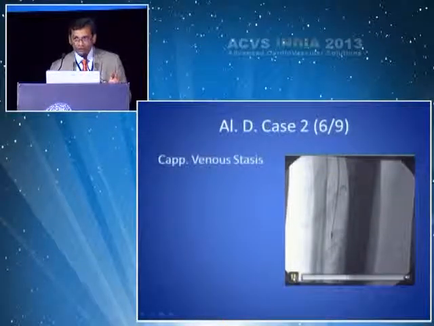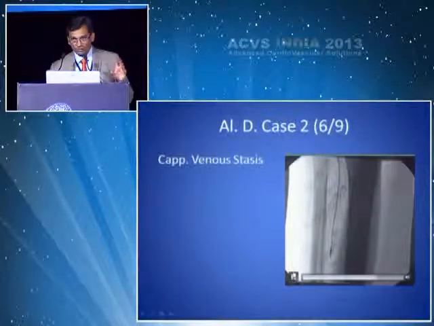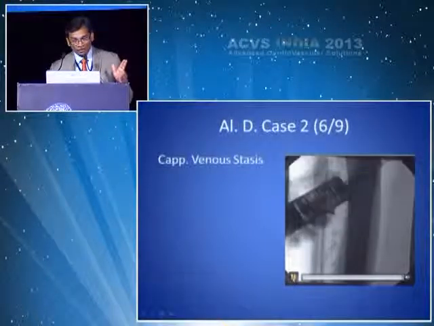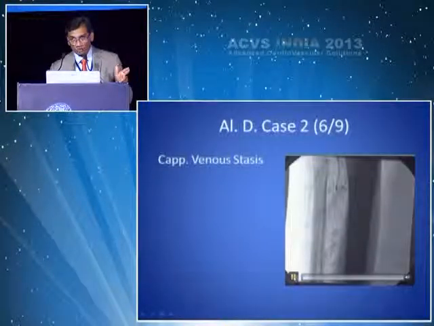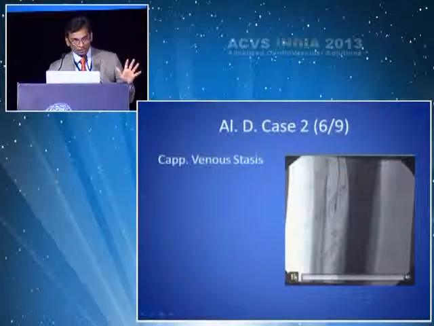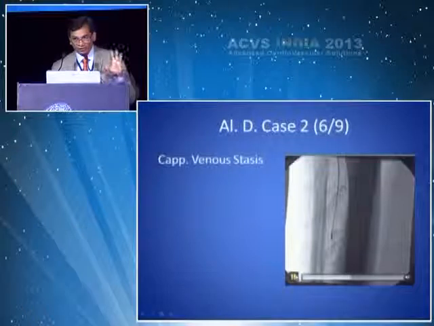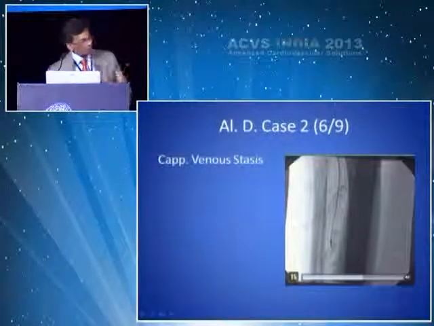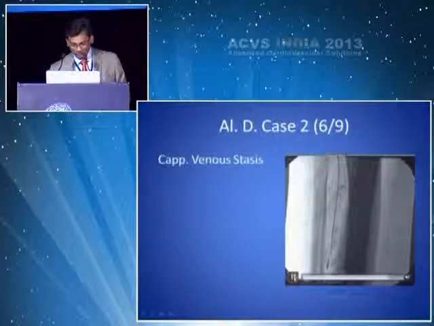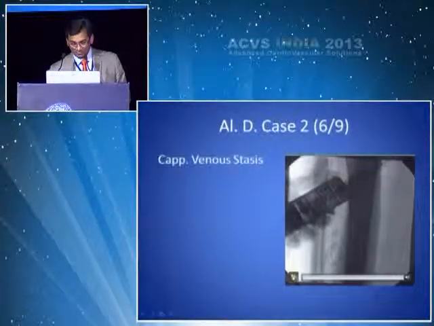This is another reason that ballooning and stenting of mid to distal SFA and Belloni should not be done, because the venous system runs parallel to the arterial system, and if you are ballooning and stenting these vessels, it crushes the venous system and creates a chronic venous insufficiency, which is what predisposes to repeated arterial occlusions. Next slide.